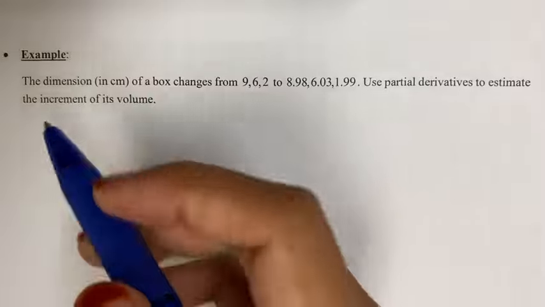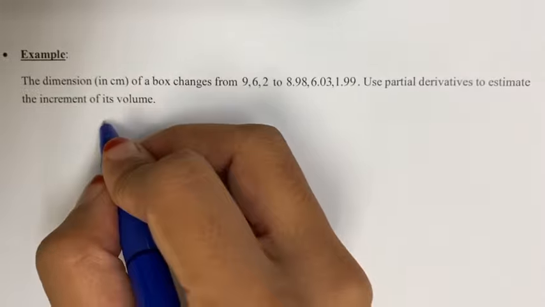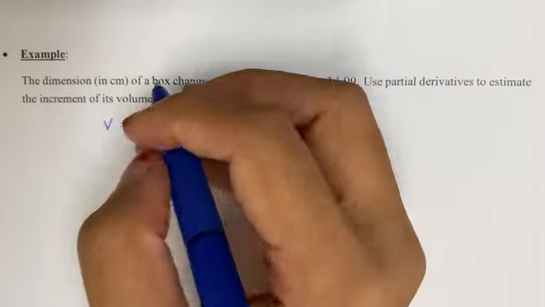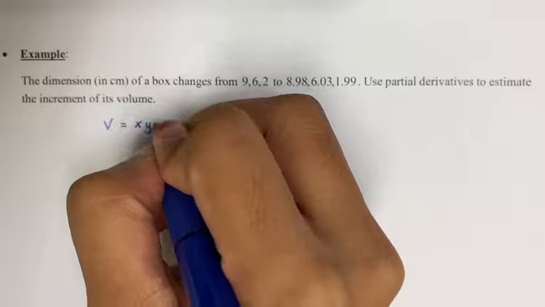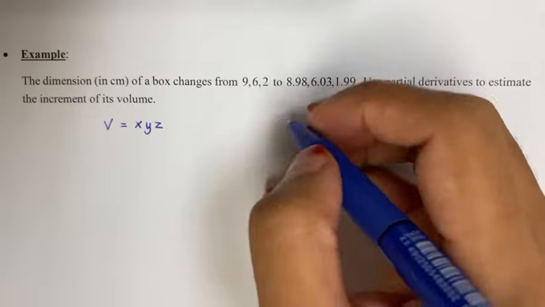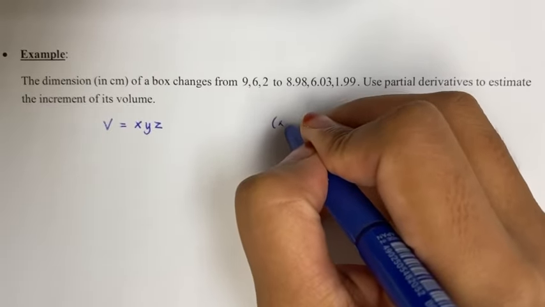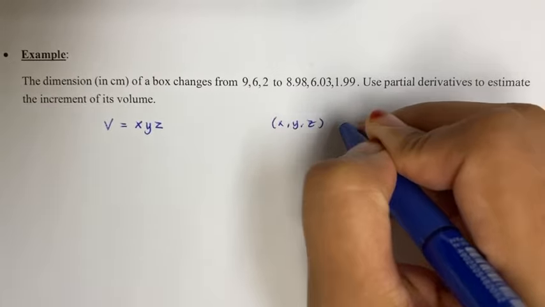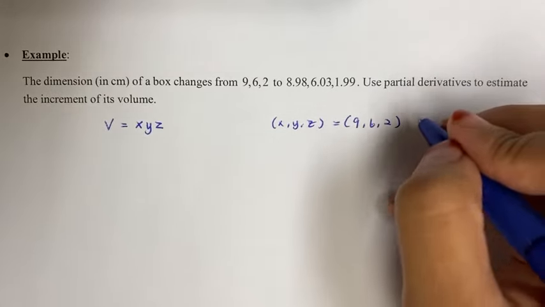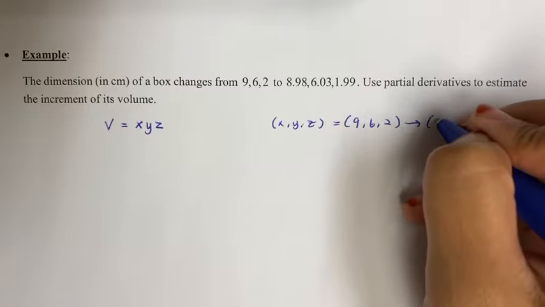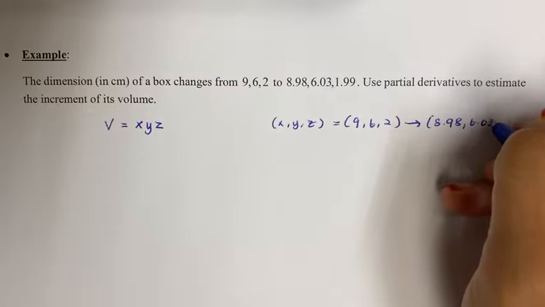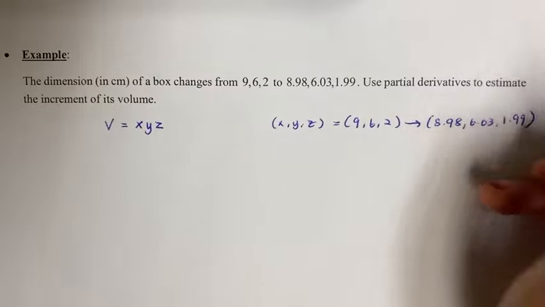So first, what is the formula for the volume of a box? Basically the volume V is equal to x multiplied by y multiplied by z. Let's say x, y, z is 9, 6, and 2, and it changes to 8.98, 6.03, and 1.99.